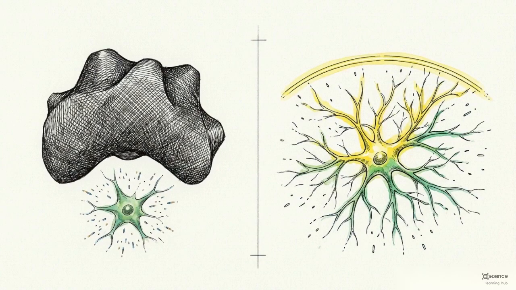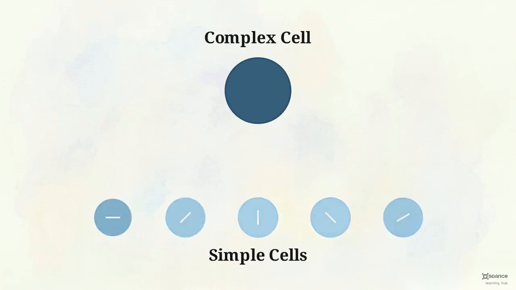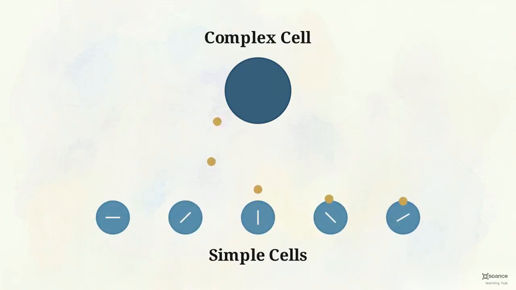These ignore simple local patterns entirely, firing only when they detect larger, continuous shapes, like a long line of light. The biology operates in a strict hierarchy. A group of simple cells act as edge detectors, summing up their individual responses and feeding that combined signal forward into a single complex cell.